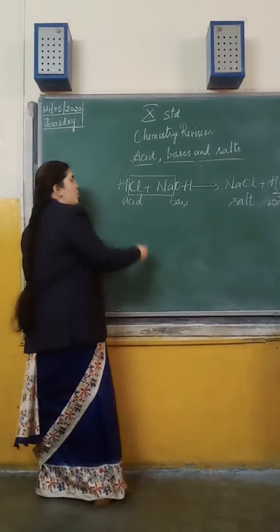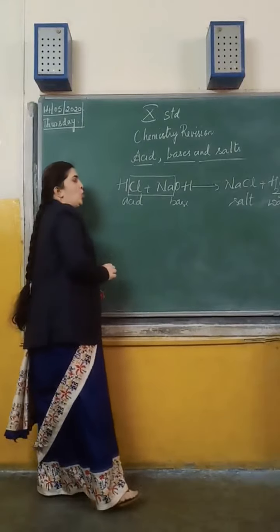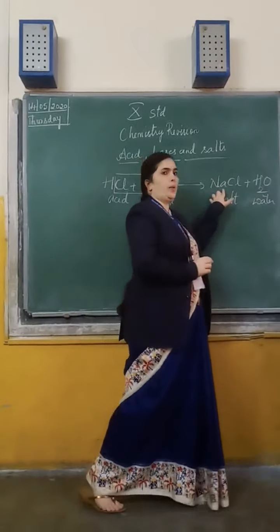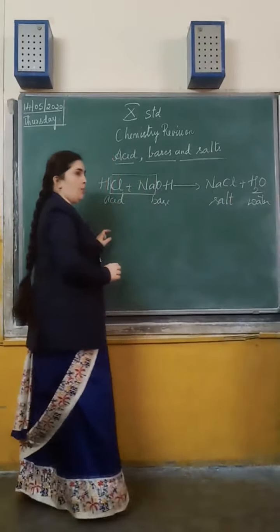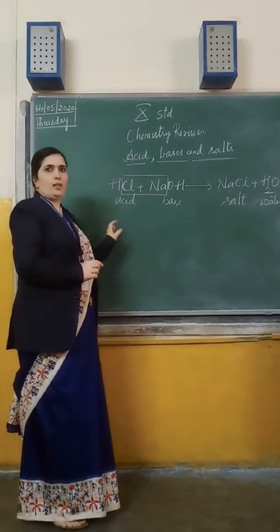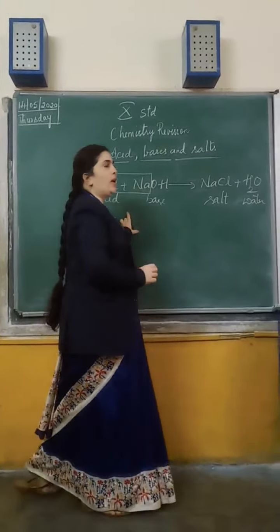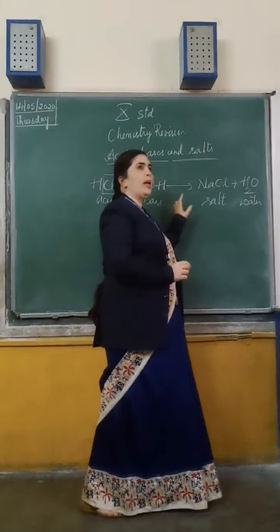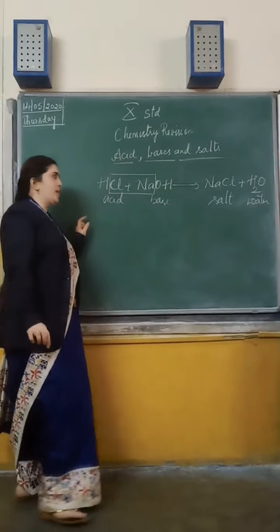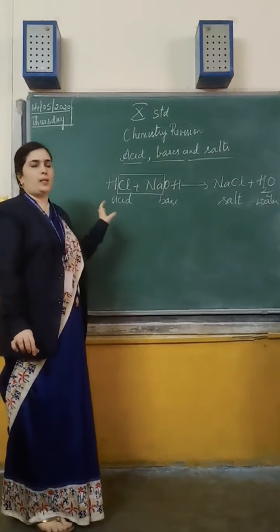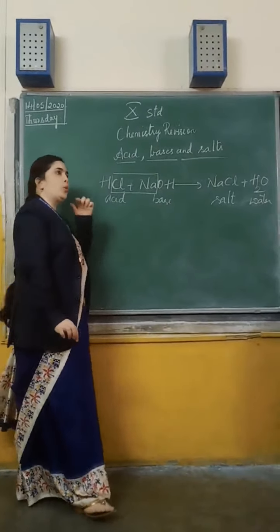If you use a strong acid, you will get an acidic salt. When you use a strong base like NaOH, you get a basic salt, and with a weak acid you will also get a basic salt.